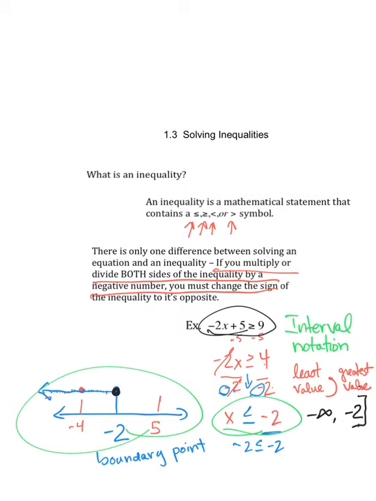No, because negative infinity isn't a number. Anytime you use infinity or negative infinity, parentheses. So, ladies and gentlemen, when you are using an open circle, you will use parentheses. When you have a closed circle, you'll use a bracket. They mean the same thing. It's the same concept, same idea.